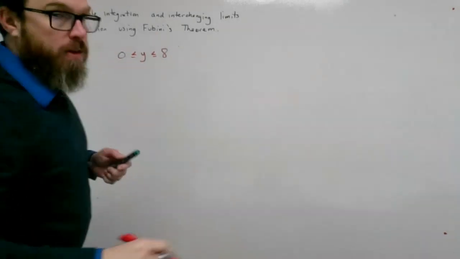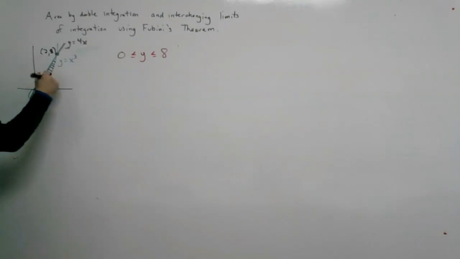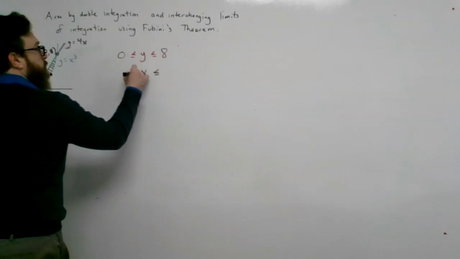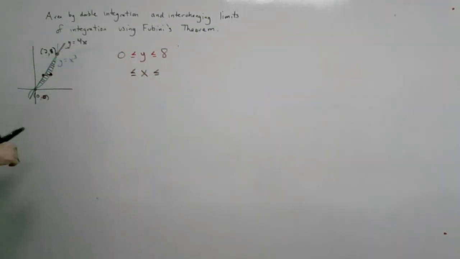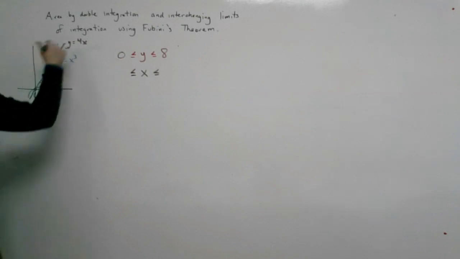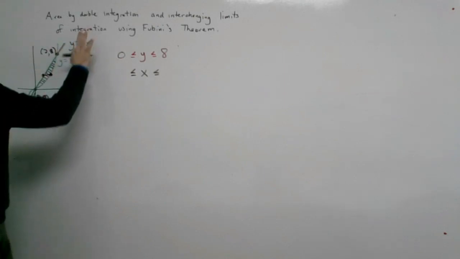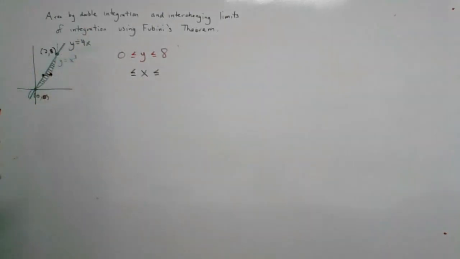And for the x values, we have the minimum value and the maximum value. So the minimum x value is going to be this, the maximum x value is going to be this. So now x's are going to be bounded between these two particular functions. This function is y equals 4x, but I have these solved for x, so I have to solve y equals 4x for x.